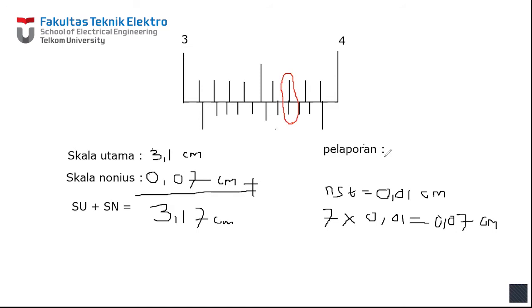Next, we write down the report by x bar equal x plus minus delta x. Now this delta x is the uncertainty value of the calipers.